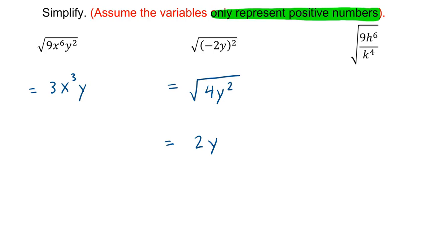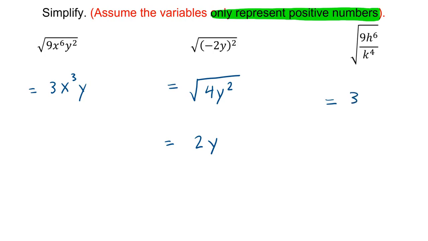Let's look at the one over here on the right. Here we have the square root of 9h to the 6th over k to the 4th. Well, what fraction can you think of that when we multiply it times itself will give us 9h to the 6th over k to the 4th? The square root of 9 in the numerator is 3.